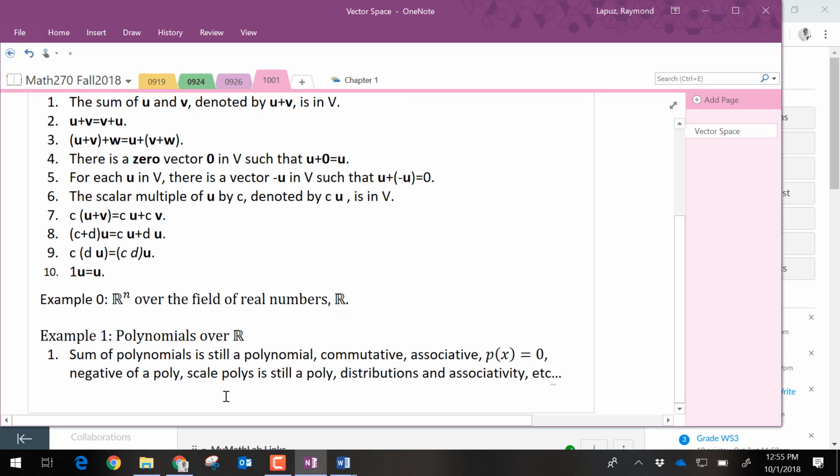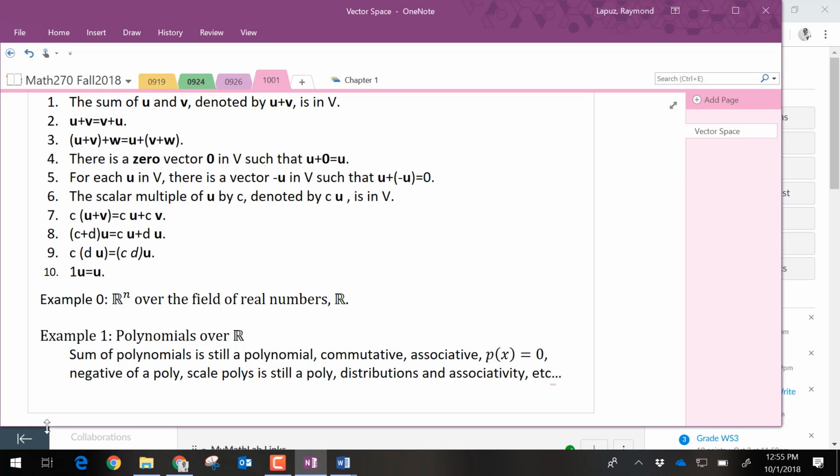All right? So a polynomial is a vector space. It satisfies every single one of these things. They all work. Something about piecewise functions, I'm not sure about those other ones.